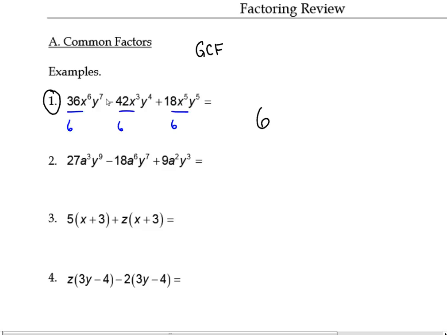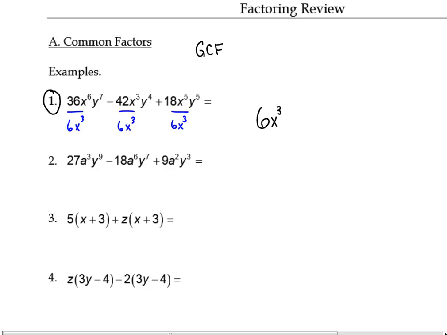It's going to be the smallest power that's there, x to the 3. So the smallest power is x cubed. We can divide each one of these by x cubed, right? And when you divide, what do we do with the exponents? We subtract them.